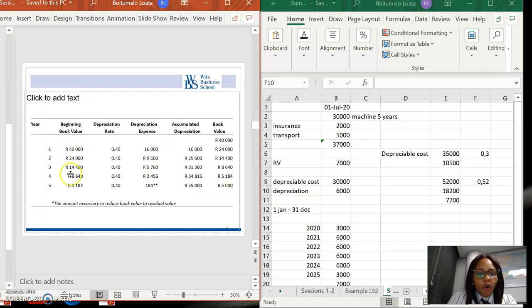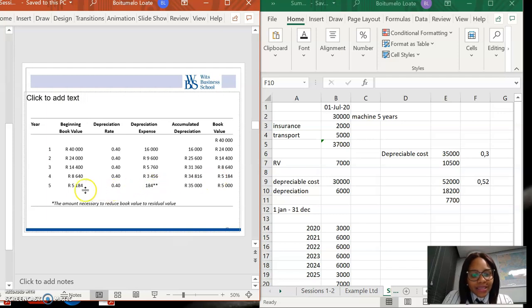So in year 4, we'll notice that we had a beginning book value of 8,640 and we depreciated at the same 40%. Our book value at the end of year 4 was 5,184. In year 5, we want to depreciate by only 184 to get us back to our residual value of 5,000.